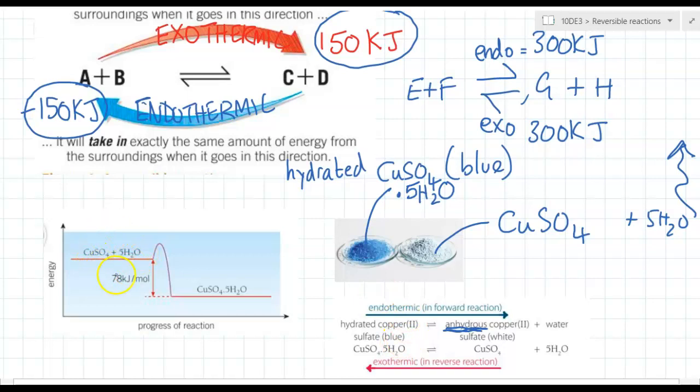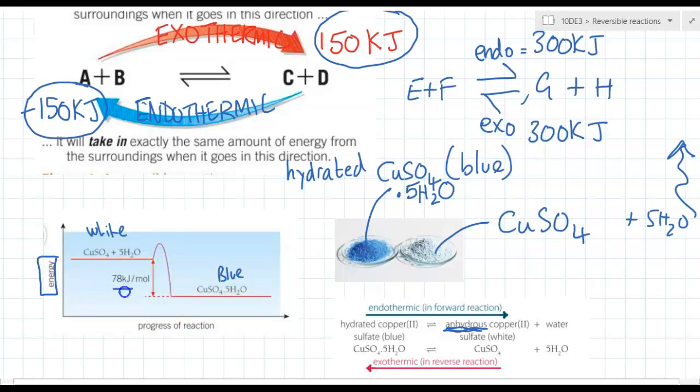And here's a diagram to show that in an energy graph. So here is our blue copper sulfate. And we know that going forwards, it is endothermic. In other words, it's got to take energy in and turn into white copper sulfate up here. The opposite direction is going the other way. The white copper sulfate reacts with water and gives out energy and goes back to being blue.